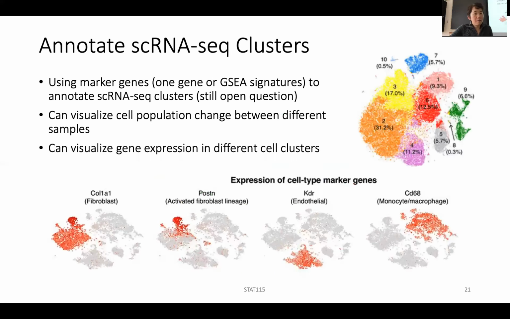And so you can visualize this, and then you can use some marker genes. The marker gene can be a single gene. You can also ask t-SNE to color the cells by the expression level of just a single gene. For example, if we look at this one gene, KDR, and I actually don't even know whether this is t-SNE or UMAP, it doesn't matter.